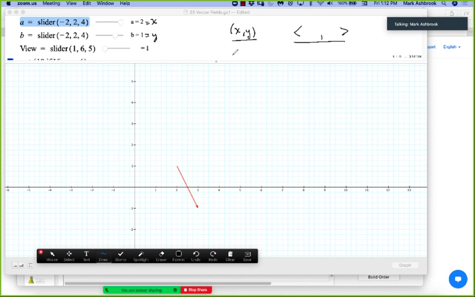So right now I'm showing that x is 2 and y is 1. That's this location in the plane. And so for x equals 2 and y equals 1, what vector do we get? So this is the vector that we get. What's the x component of the vector? 1. What's the y component of the vector? -2.